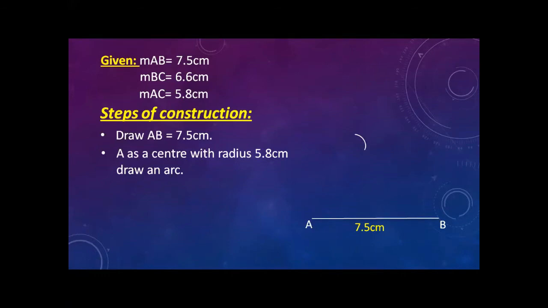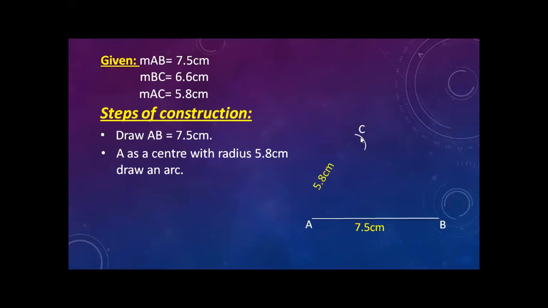Put your compass on that point A and open your compass 5.8 centimeter, then make an arc. This is the arc of 5.8 centimeter. Now this is point C.